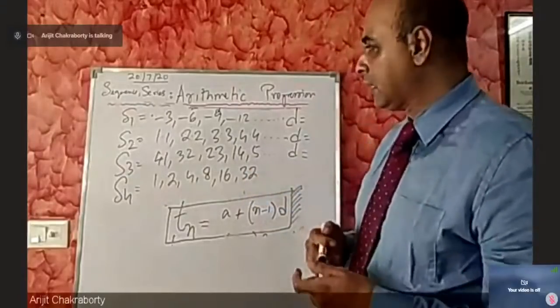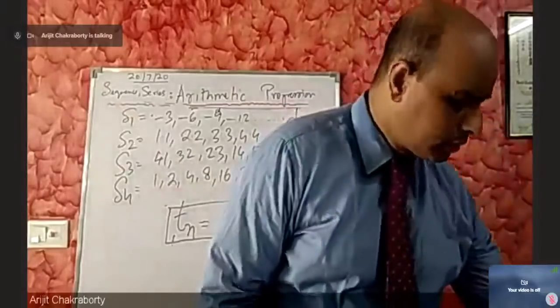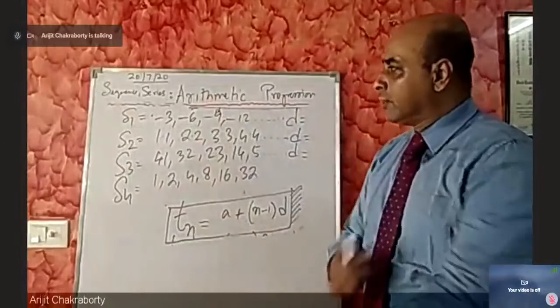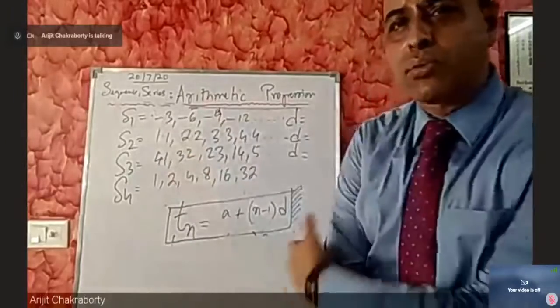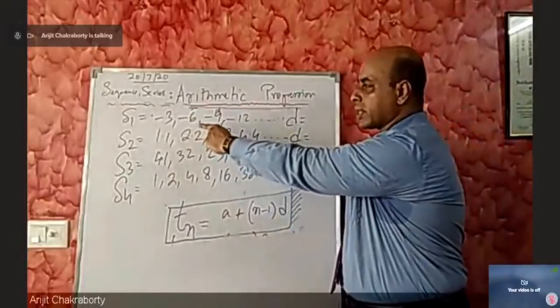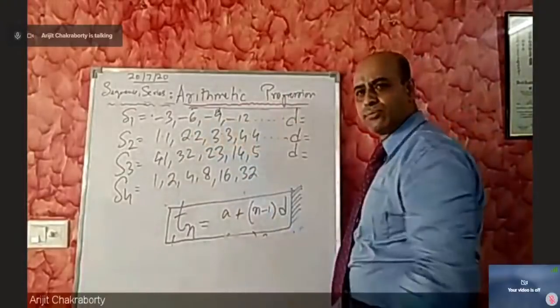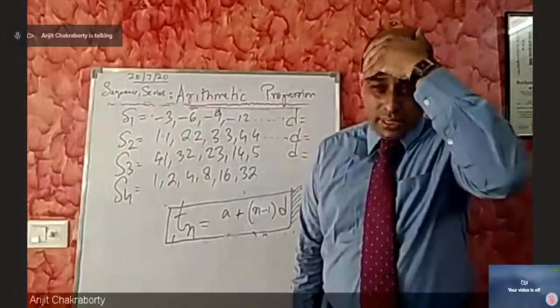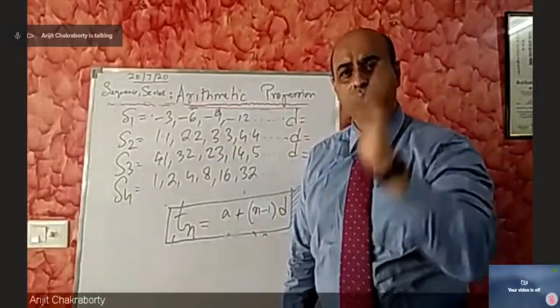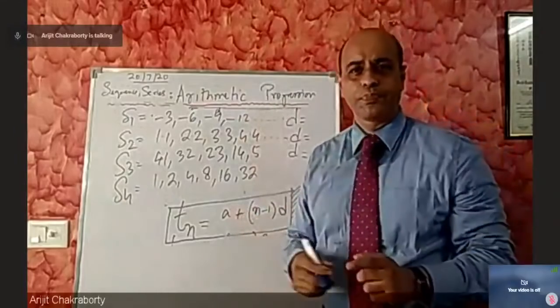Let us see the first one. I hope you can see clearly. First one is series S1, and the numbers are -3, -6, -9, -12. Is this an arithmetic sequence? First of all, is it a sequence?